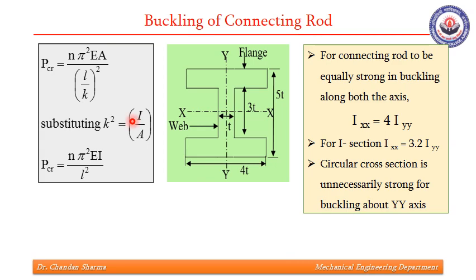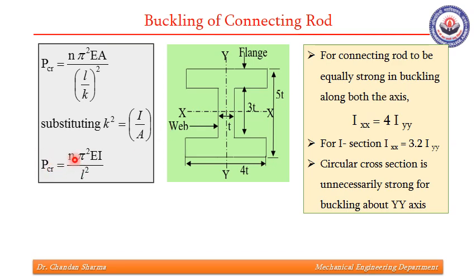If we put in the same PCR formula, n equals 1 for XX buckling and n equals 4 for YY buckling. Substituting k square equals I by A, PCR comes out to be n pi square EI over L square. Now, assuming that our rod is equally strong in buckling about both axes, the crippling load for the y-axis and x-axis should be the same.